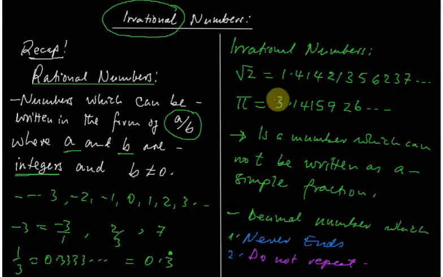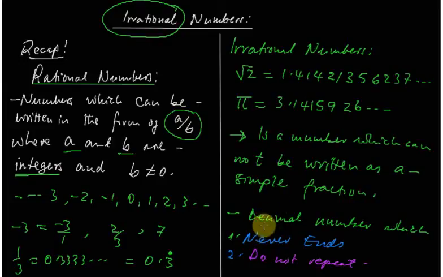Root 2, root 3, root 5, root 7, root 11 will never end because they are not perfect. Perfect squares are numbers like 4, 9 or 16, but other numbers which are not perfect squares do not end.